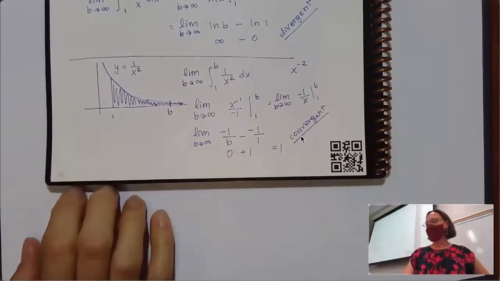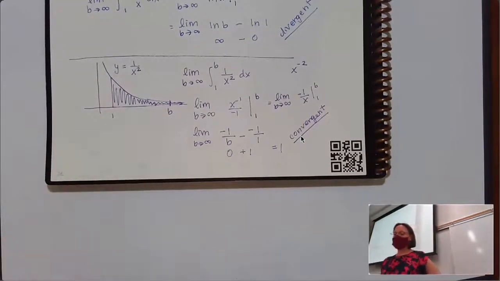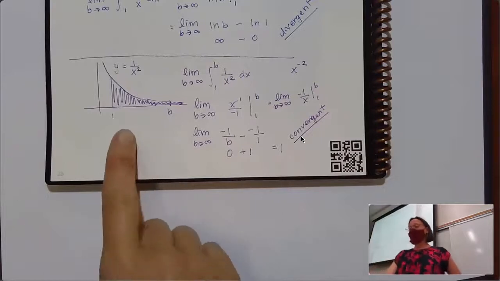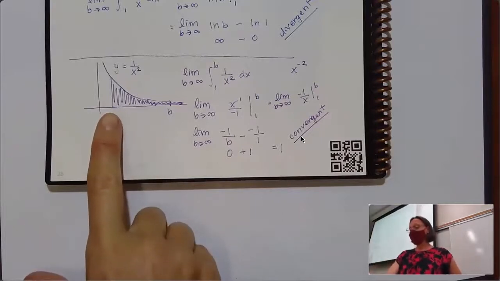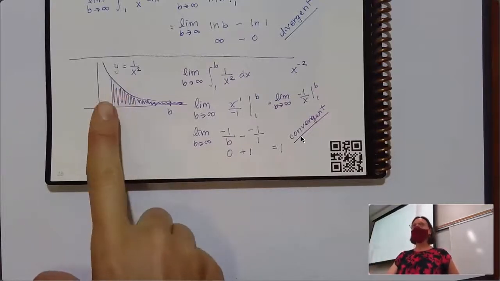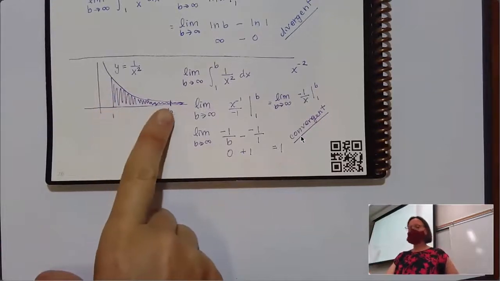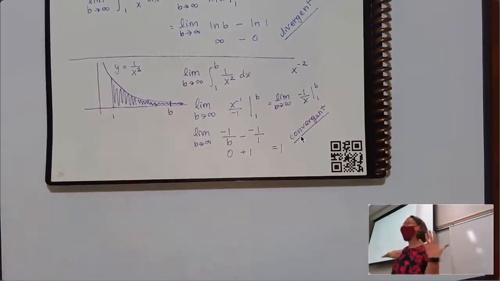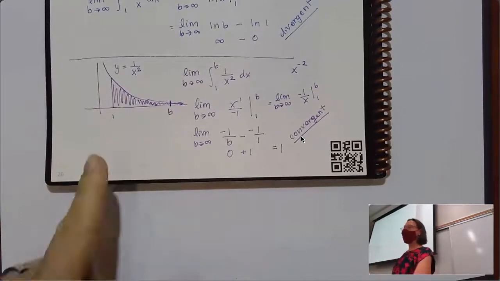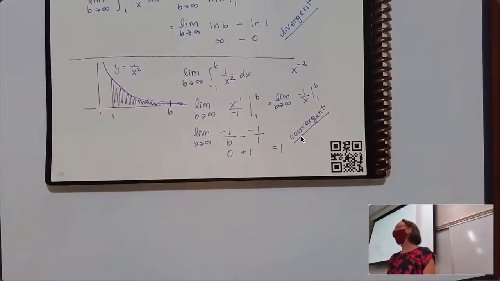So you don't have to think that's interesting, but mathematicians think it's really interesting that we took this thing. If this were a wall, that wall goes on forever. It never ends. But I could paint it with 1 gallon of paint.